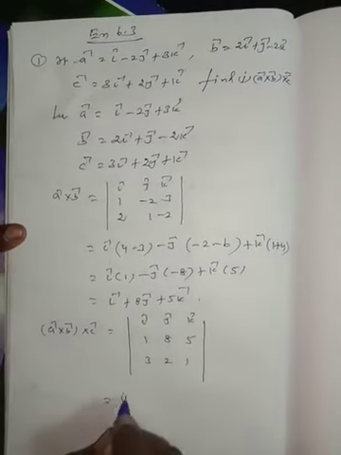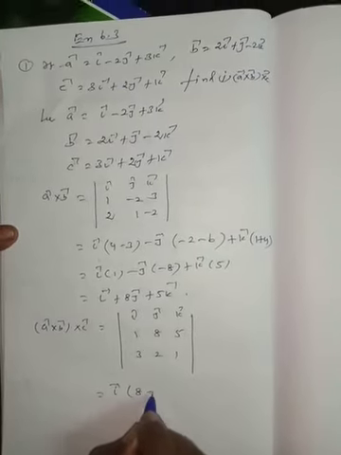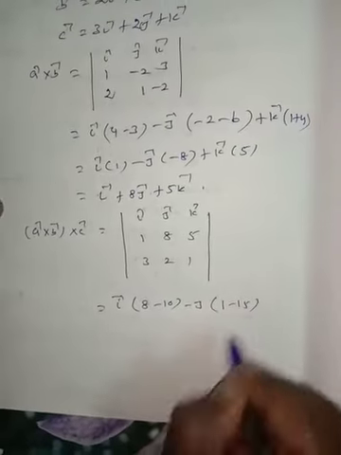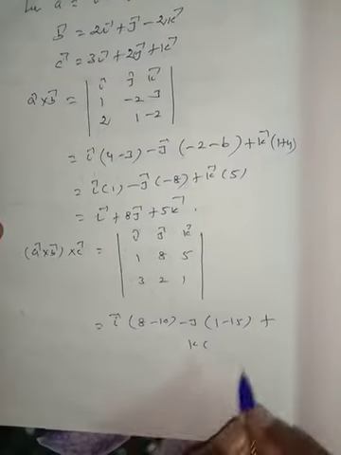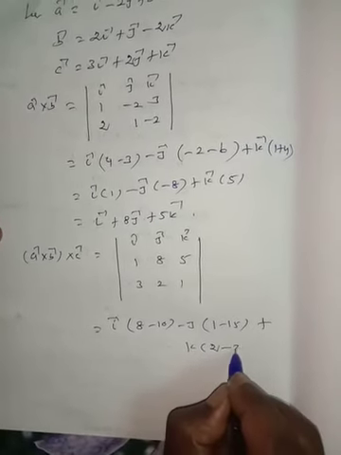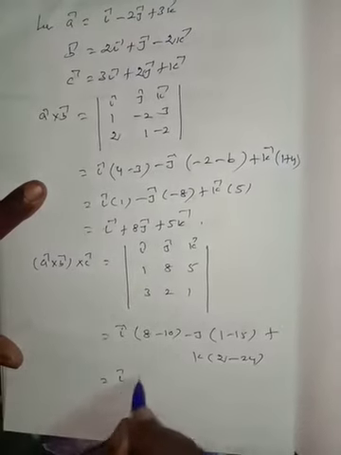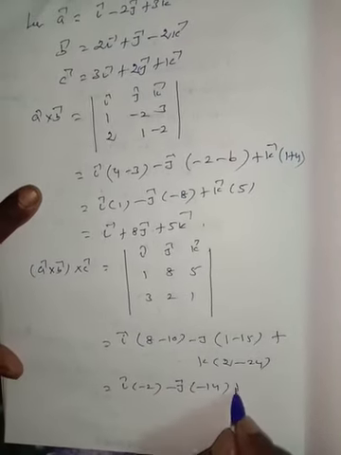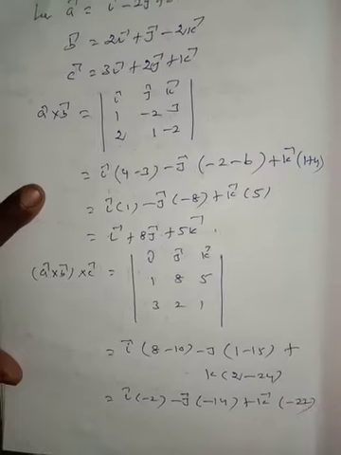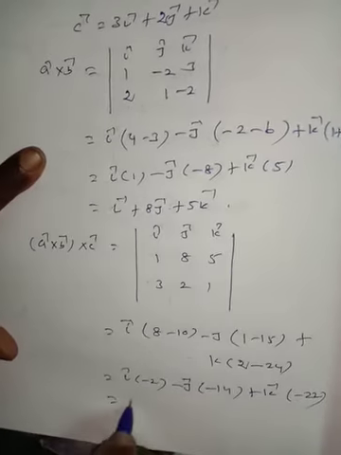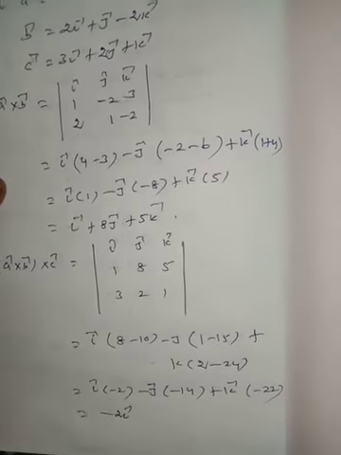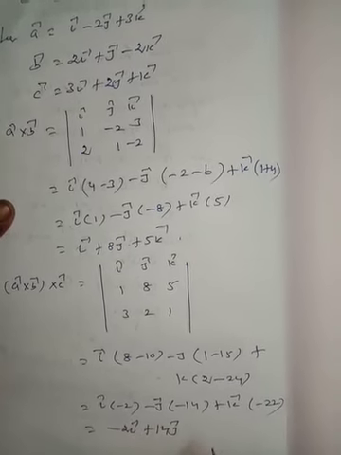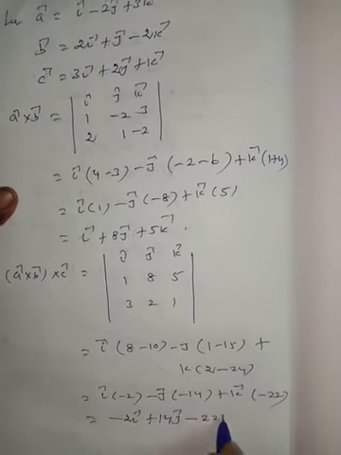Expanding this: i vector into (8 minus 10), minus j into (1 minus 15), plus k into (2 minus 24), is equal to i vector of minus 2, minus j vector of minus 14, plus k vector of minus 22, which is minus 2i vector plus 14j vector minus 22k vector.